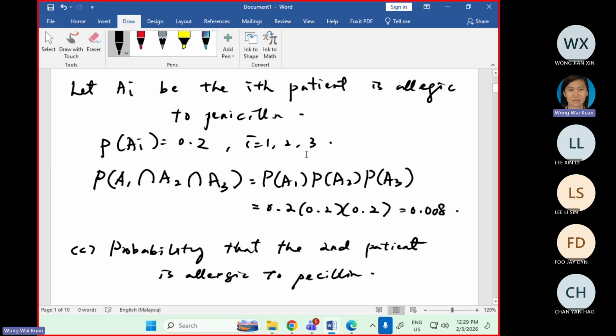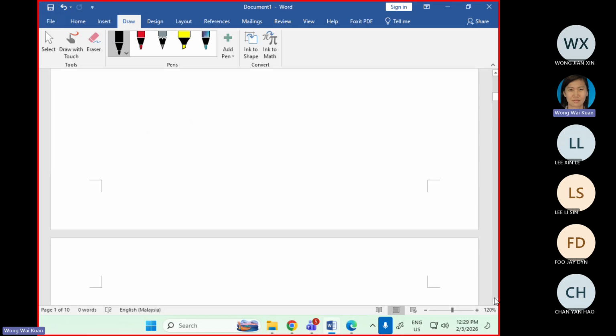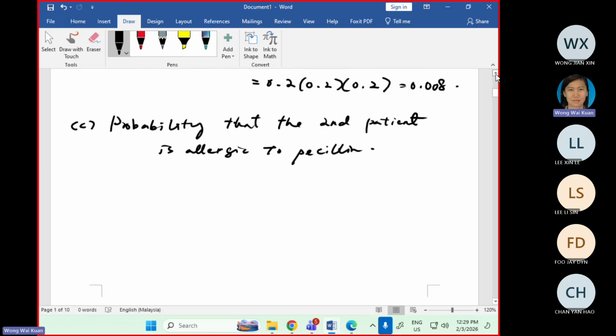That's why you have 0.8 times 0.2. Then why don't you just put it as, what is the probability that the second patient is allergic to penicillin?